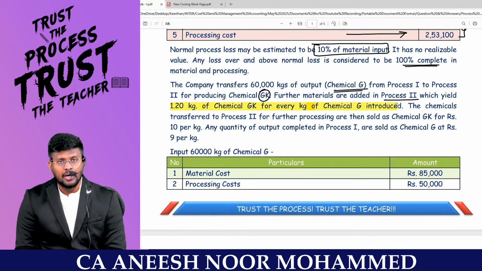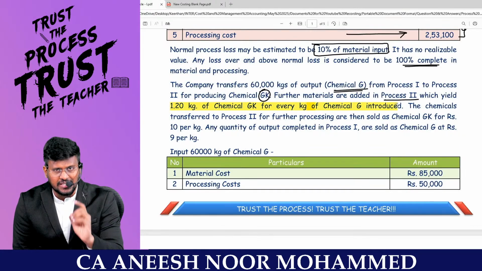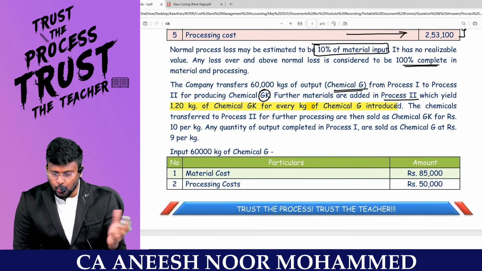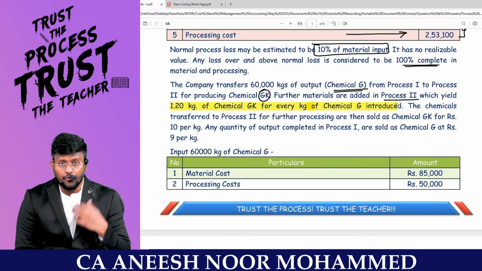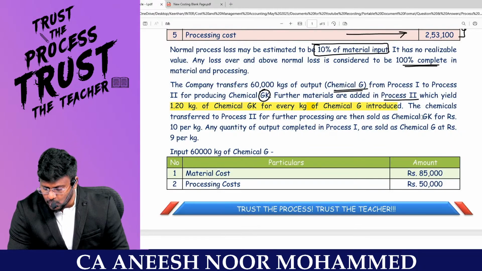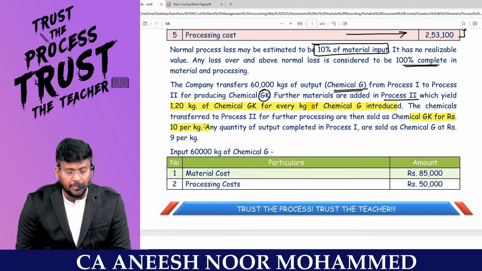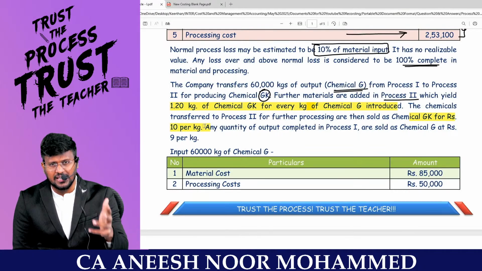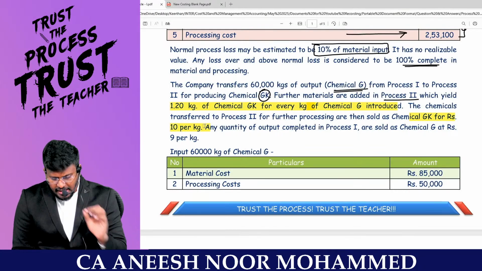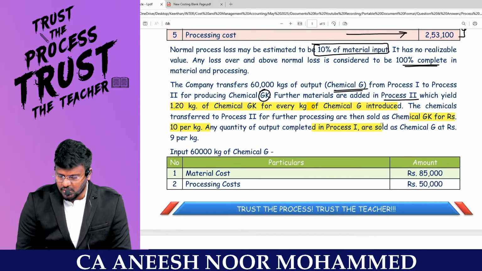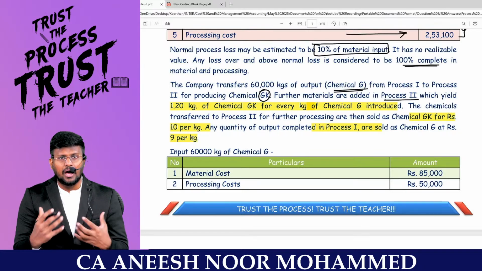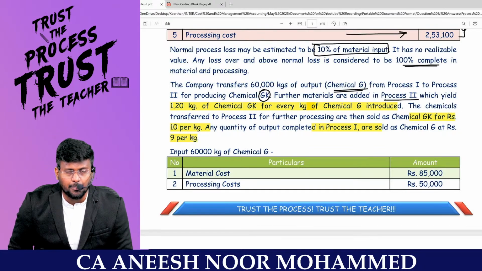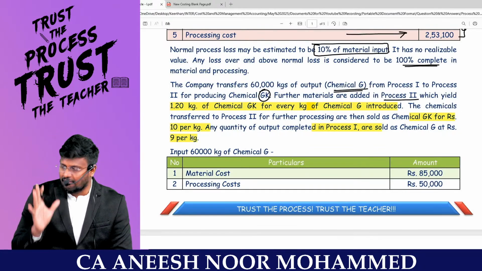That means if you put in 1 as raw material, you get 1.2 as finished goods. The chemical transferred to process 2 is then sold as chemical GK at rupees 10 per kg. Any output completed in process 1 and sold without further processing is sold as chemical G at 9 per kg.